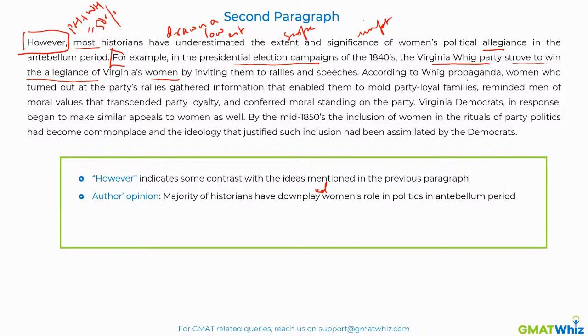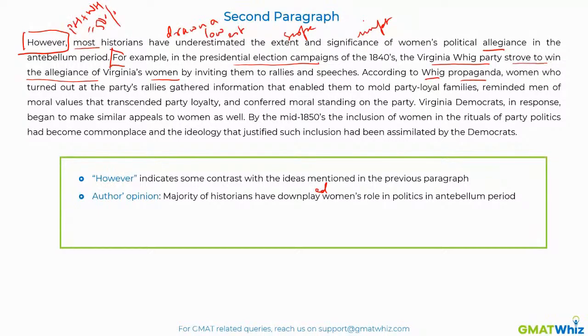According to Whig propaganda, so Whig is this party, and propaganda, if I don't know the meaning, forget it. Remember, what is important is the deeper information rather than just the words.